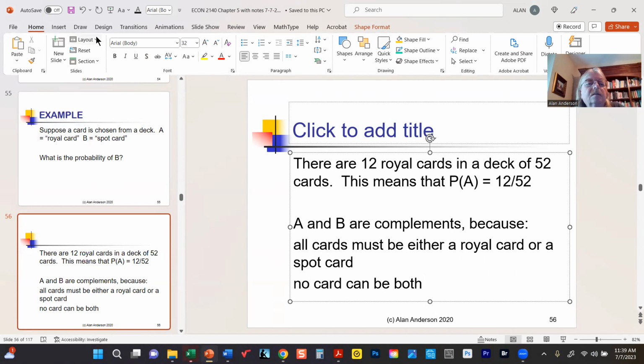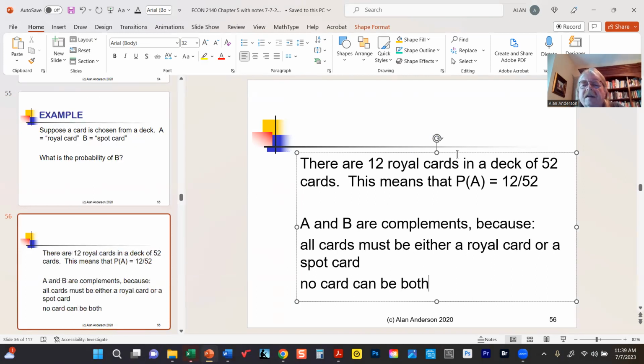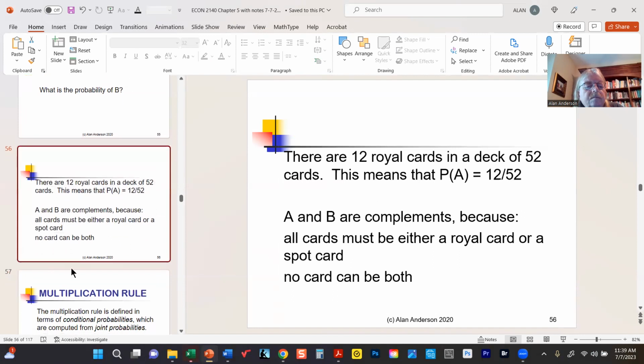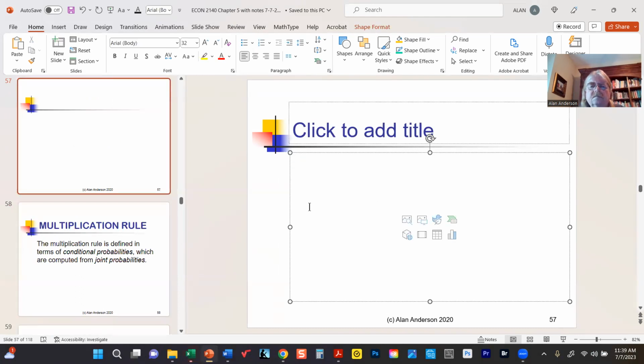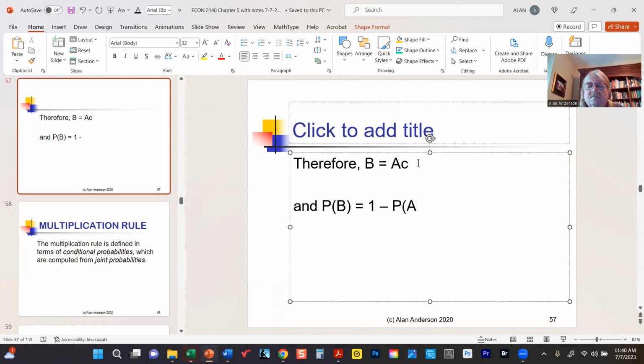That being the case, B is the complement of A. So that's A complement, and this is a superscript. Making superscripts in the PowerPoint is a little bit awkward.